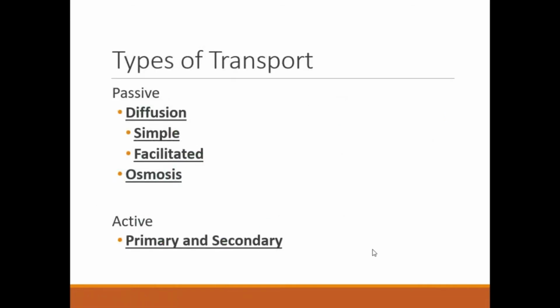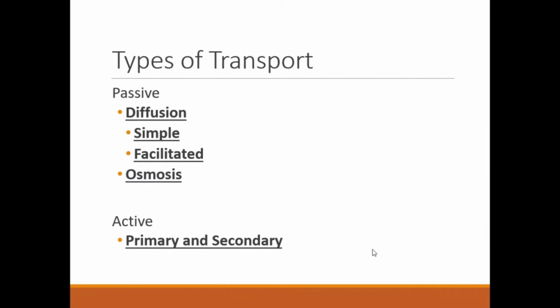So here are our different types of transport. Two broad headings, passive versus active. That's really where we're going to start to differentiate. We're going to break this down and compare and contrast different types as we're able to partner them up, so to speak. So active versus passive transport is where we're going to begin our differentiation.